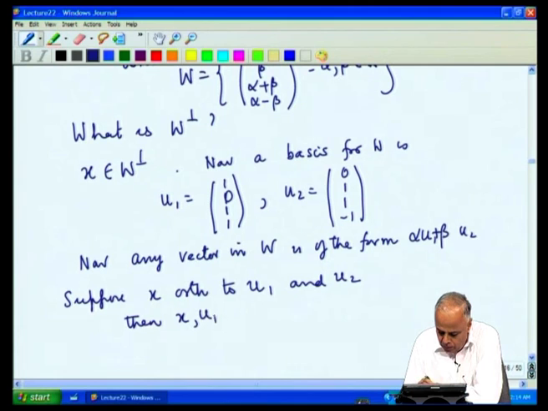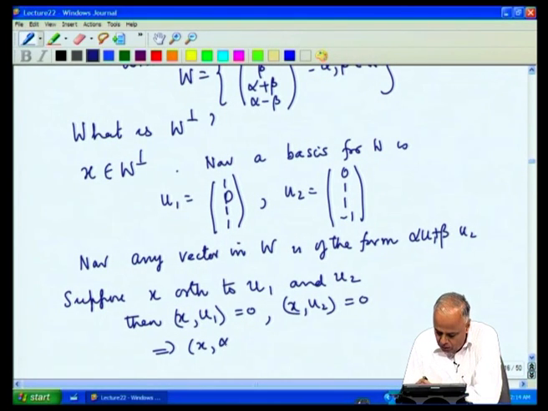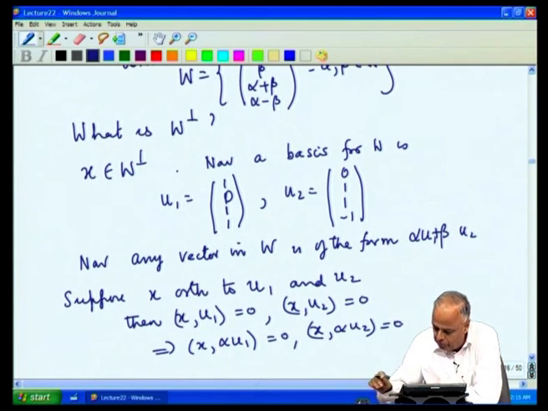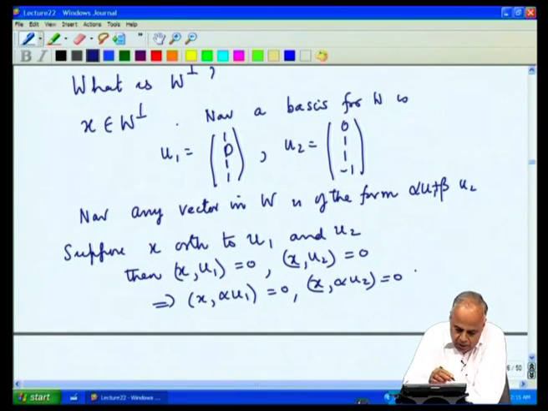x comma u1 equal to 0, x comma u2 equal to 0, and that implies x comma alpha u1 is 0, x comma alpha u2 is 0, because we can pull out constants in and out.